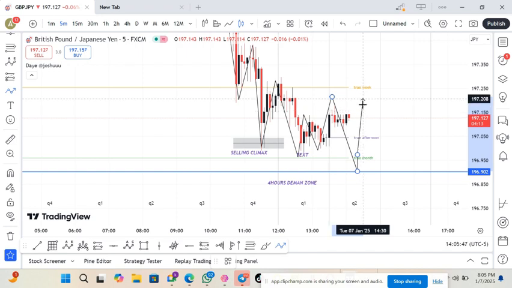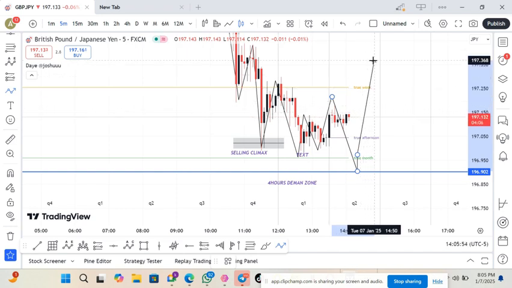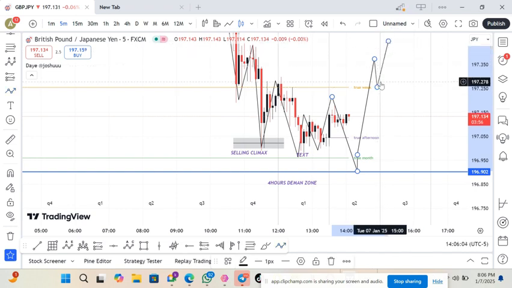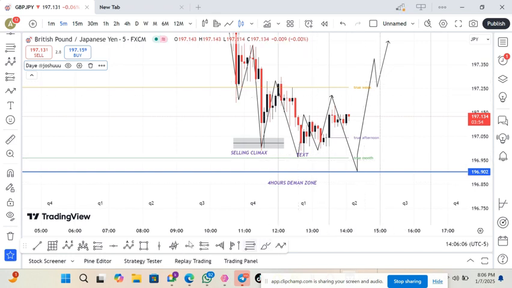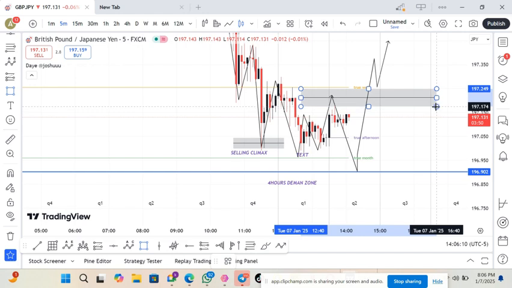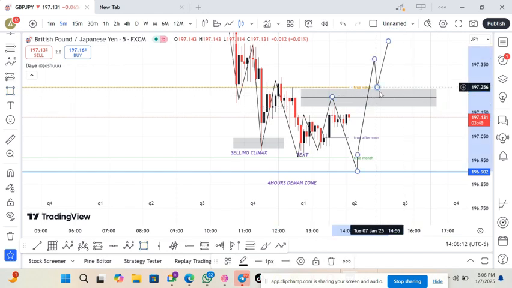We'll be waiting for price to take out this climax and the test and break up to retest the 2 week open. So from the 2 week open, we'll be looking for our buy entry. This is going to be our reversal entry to buy back up.